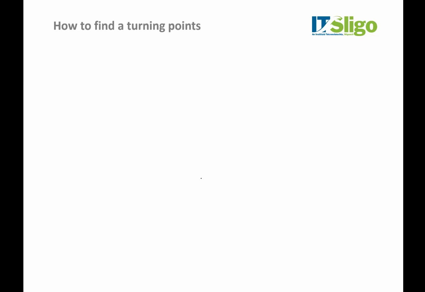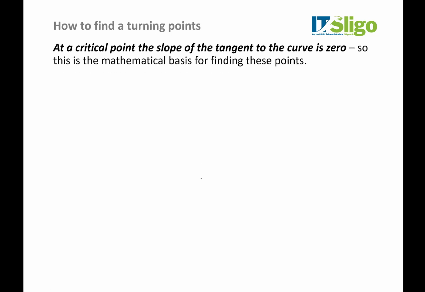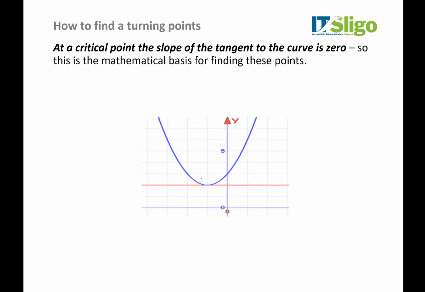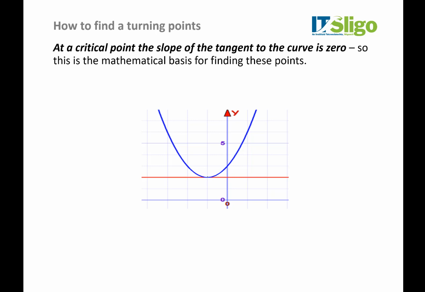Now, how do we find a turning point? At a critical point, the slope of the tangent to the curve is 0. This is our mathematical basis for finding these points. At these critical points, stationary points, turning points, maximum, minimum, whatever you want to call them, the crucial thing is that at this very moment, the function value has stopped going down, the slope has stopped being negative.